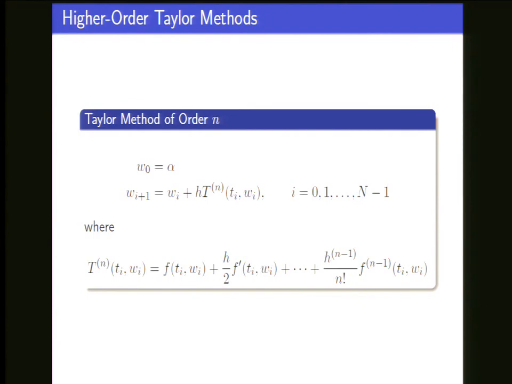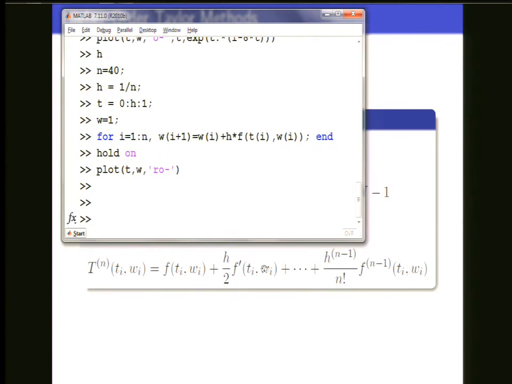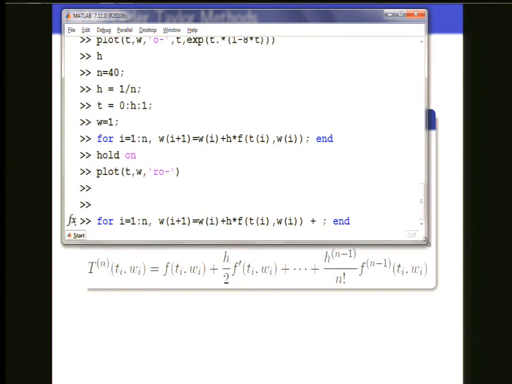All right? And just for showing, deriving these things is a little tricky, but for this equation, all I need to do is to add a little term here, namely h squared half times f prime. And that's the only tricky part. What is f prime?